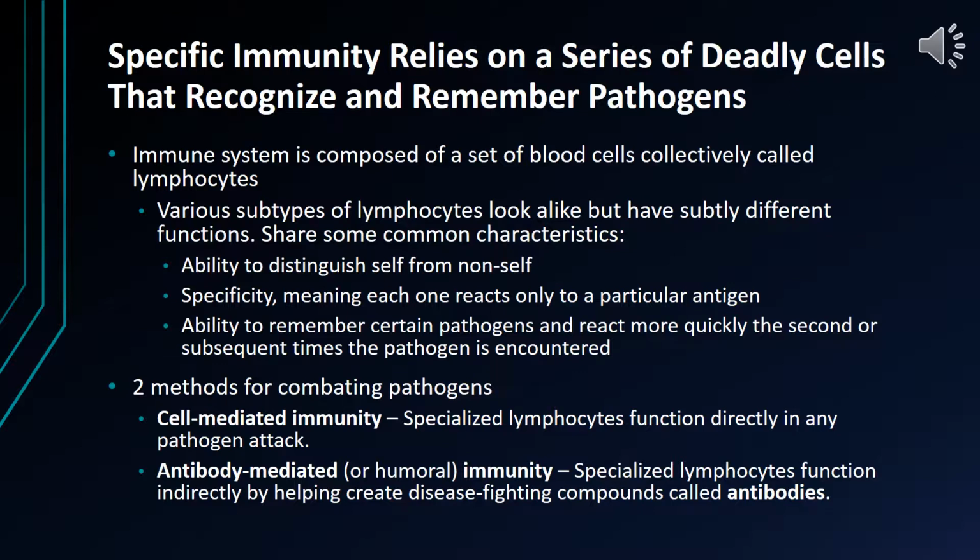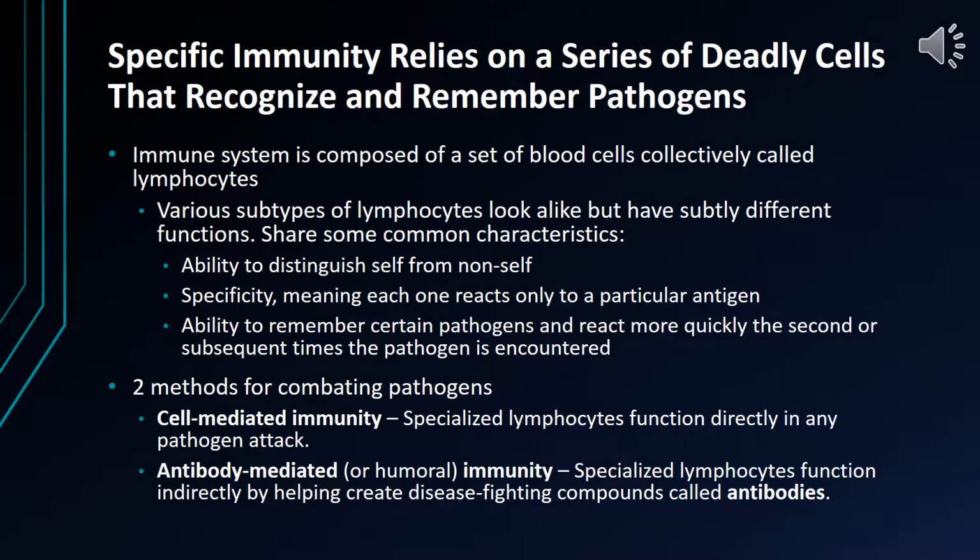And the lymphocytes incorporate two methods for combating pathogens. There is cell-mediated immunity, which is the type of immunity that T cells are involved in, and this is where these specialized lymphocytes, the T cells, function directly in any pathogen attack.